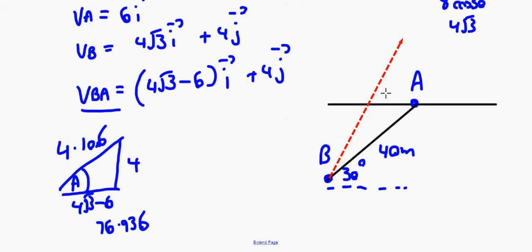I think this might actually work out easy enough. So what angle does that make this little part in here then? 76 take away your 30. I'll do it the other way in a minute, just so you have more weapons. So what angle would that be? 46.936.